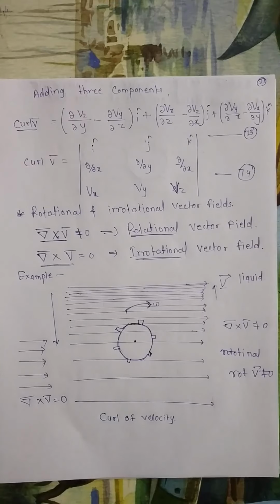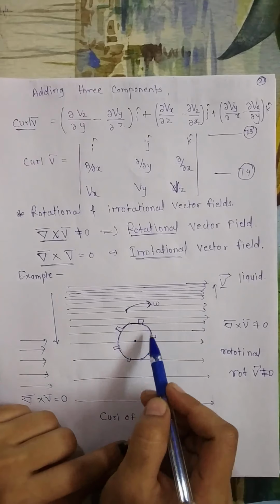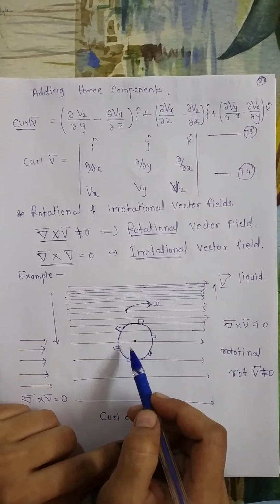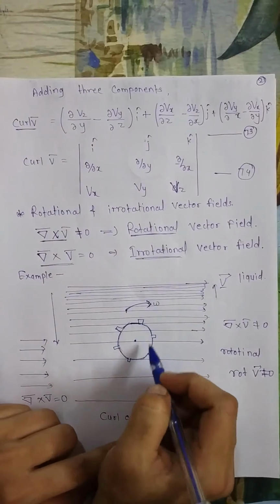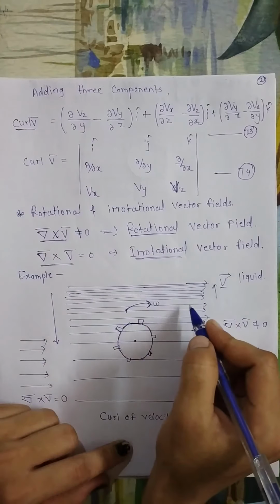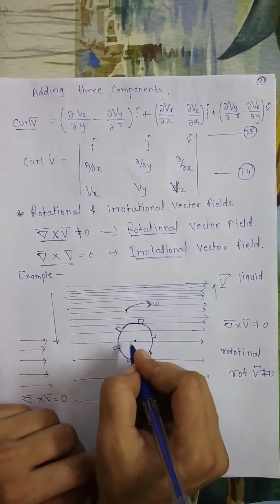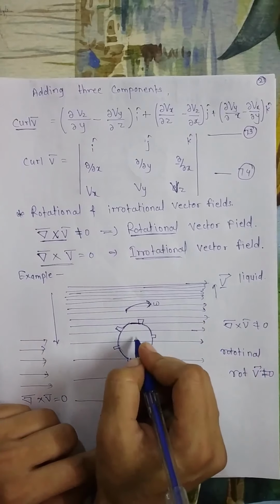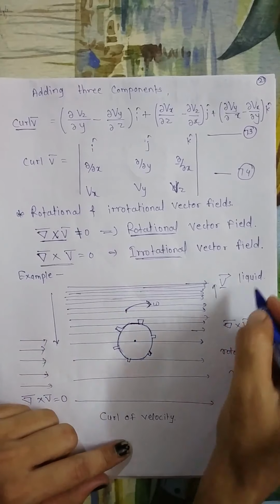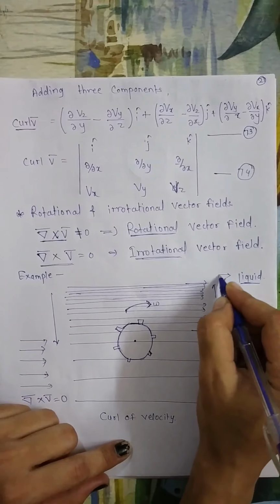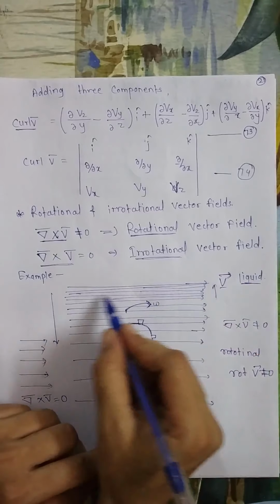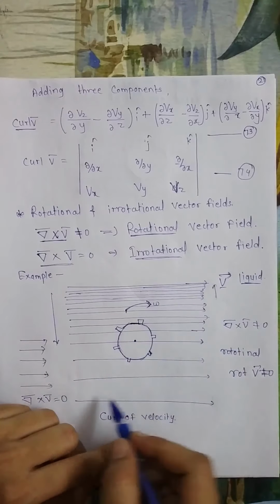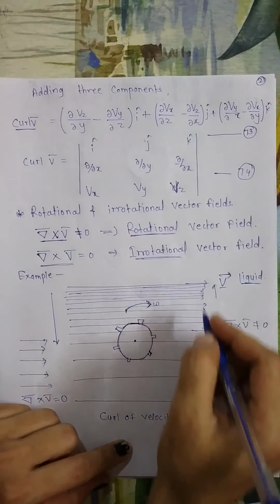Here we will consider a paddle wheel, like that of a bicycle. In childhood you have played with a bicycle and you know the paddle wheel. This is a paddle wheel and it is free to rotate about the axis which passes through the center and is perpendicular to the plane of the velocity vector of a liquid. Let's say v bar is a velocity vector which is distributed non-uniformly, that is, these lines denote the velocity vector of the liquid, which are non-uniform.